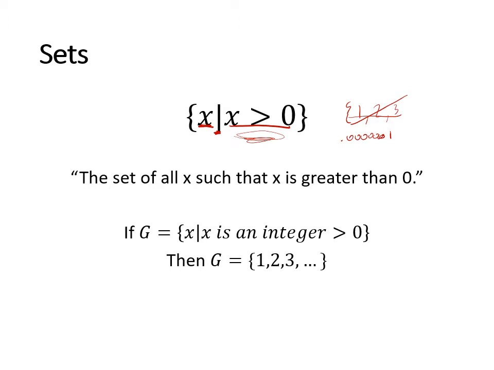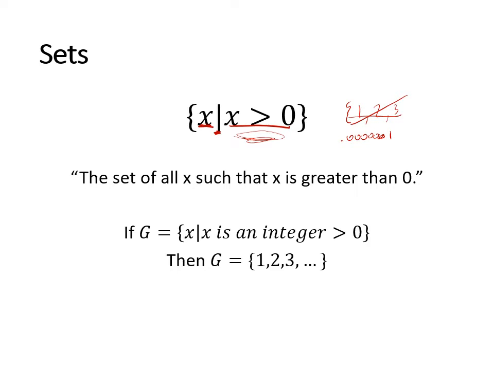We can also define sets. We can set them equal to a letter, to abbreviate what's in the set. So if we define G as the set of x such that x is an integer greater than 0, then we can start listing out elements of the set.